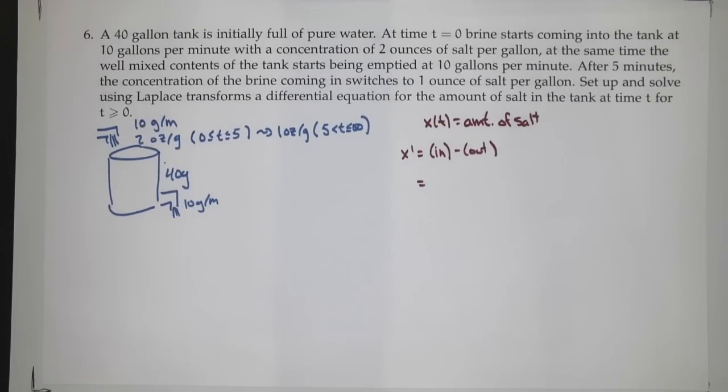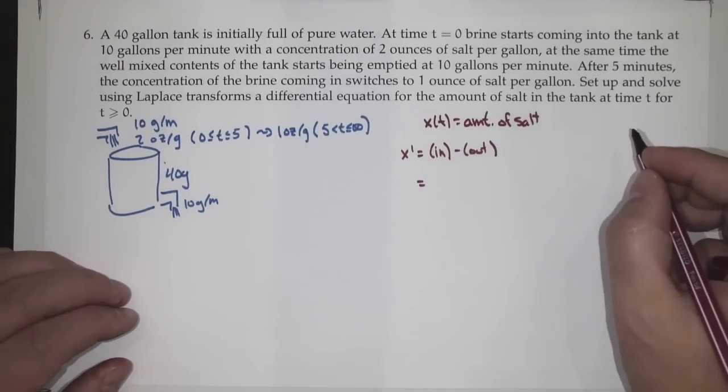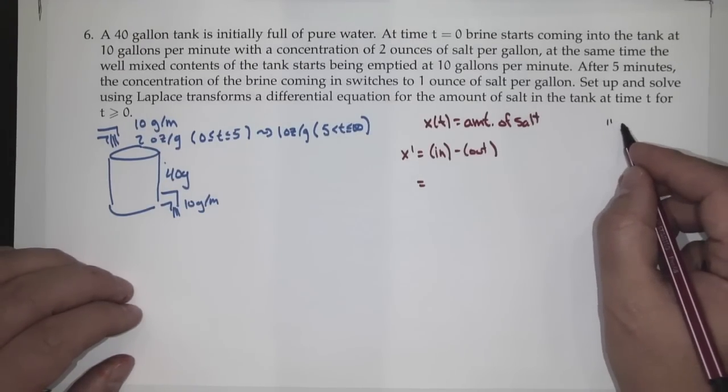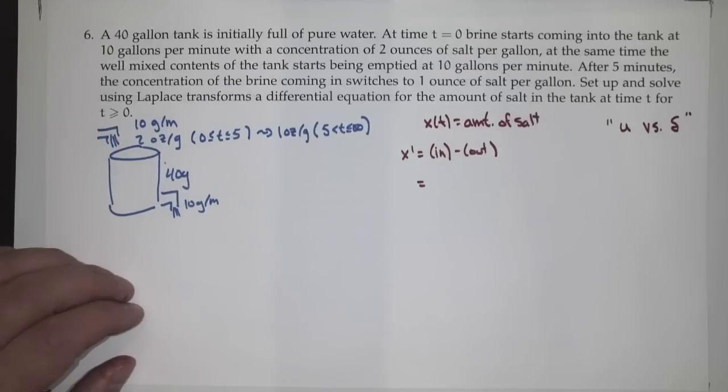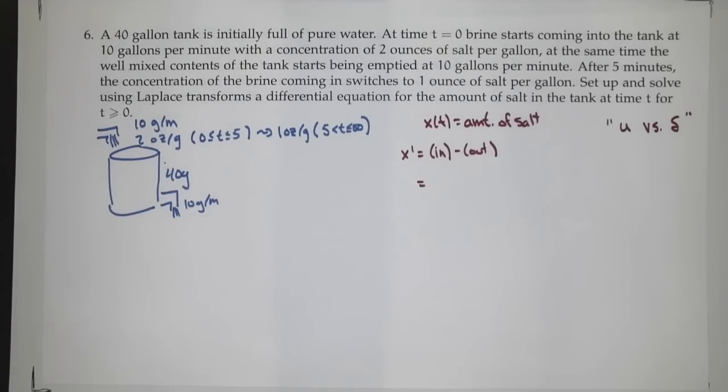Now, how do we capture that? I really want to have a quick question, a mini sidebar. When we see this, there's often a question of what are we having here? Is this a U or a delta thing going on? So for us, is this a U or a delta situation? This is a U situation.